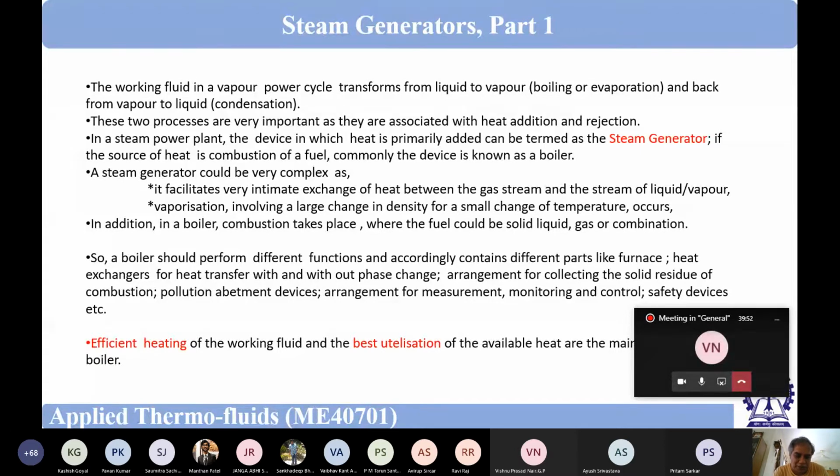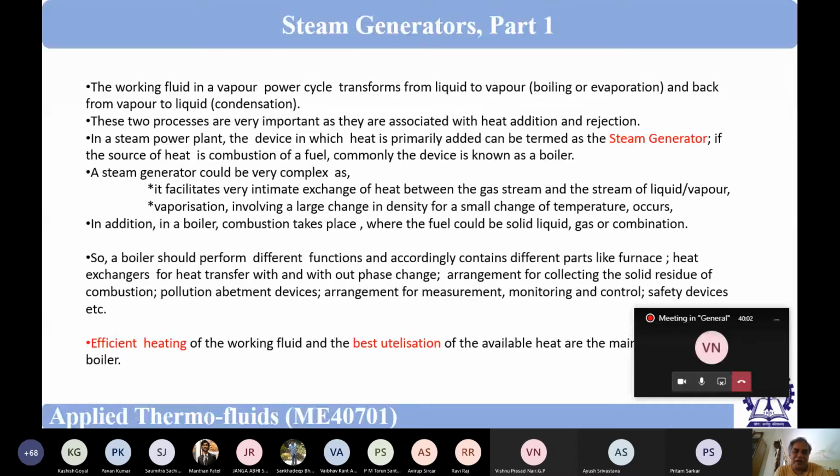Two prime features of boilers, if we think: one is efficient heating of the working fluid, and another is best utilization of the available heat. These are the main purposes. So what are the different modes of heat utilization?